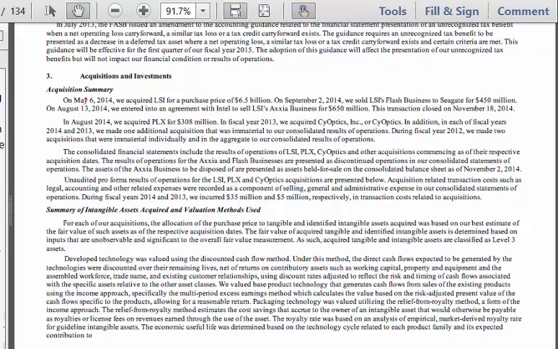On May 6, 2014, we acquired LSI for $6.5 billion. So if this was May 6, 2014, these guys have an October 31 year end. So this is the 10K for October 31, 14. So they just did the acquisition 4 or 5 months before the end of their year.